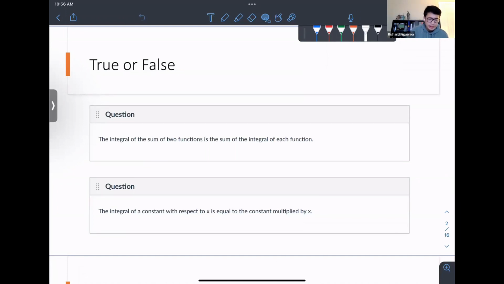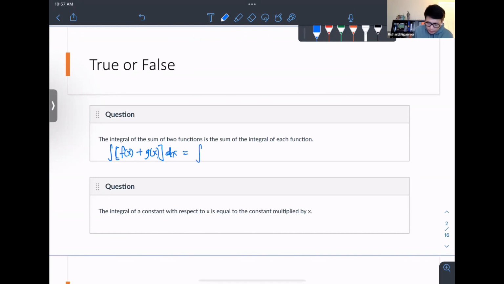The first one: the integral of the sum of two functions is the sum of the integral of each function. If I translate this into a mathematical representation, we have the integral of the sum of two functions, the first function f of x and the second g of x, and it will be equal to the sum of the integral of each function.